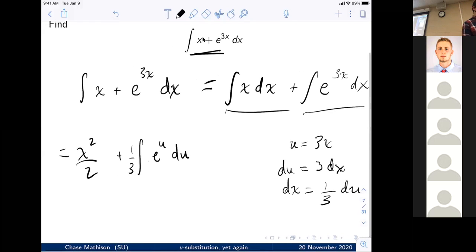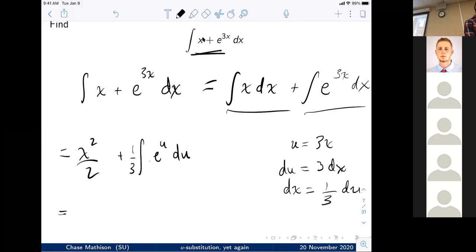Okay. So this is equal to, well, x squared over 2 isn't going anywhere. That's just from that first integral. Plus 1/3 times, what's the integral of e to the u with respect to u?